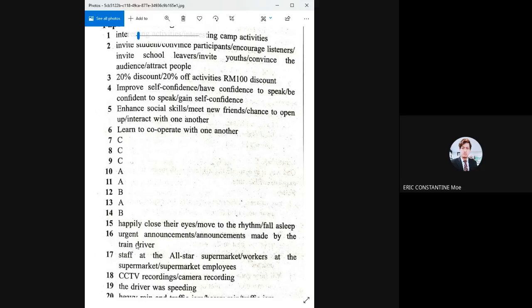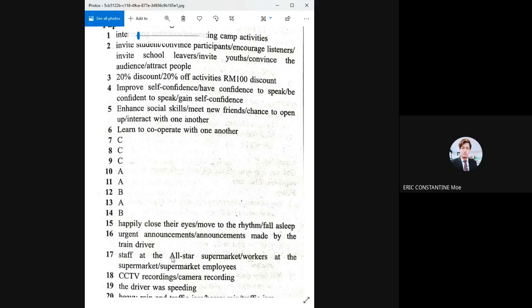For 16, urgent announcements. Okay, look at the S at the back. So the plural form, or announcements made by the train driver. So that's for 16. And 17, staff at the All Star.